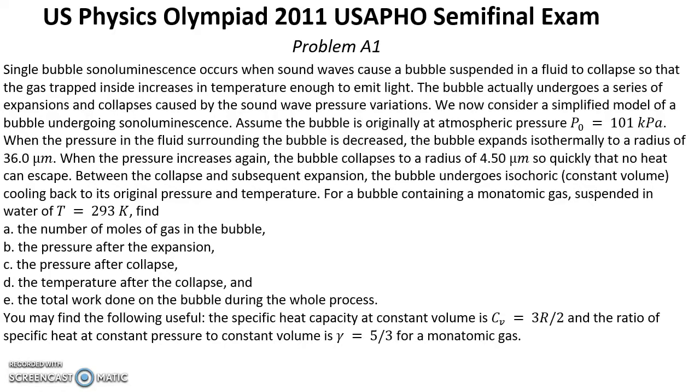We now consider a simplified model of a bubble undergoing sonoluminescence. Assume the bubble is originally at atmospheric pressure P0 equal 101 kilopascal. When the pressure in the fluid surrounding the bubble is decreased, the bubble expands isothermally to a radius of 36 microns.